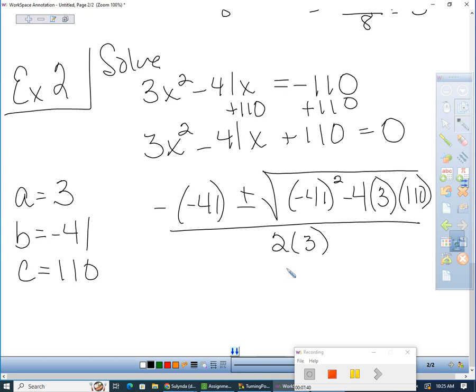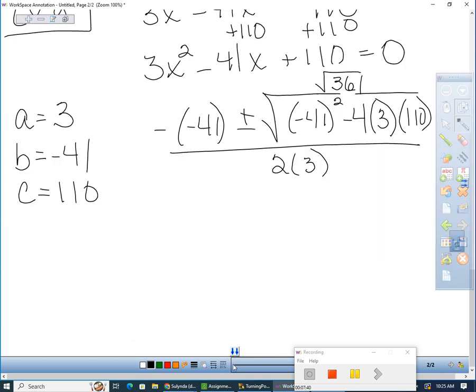All right, so underneath that square root, again, don't forget your parentheses. 361. All right, so now you'll notice that my B part in front, I have a negative negative, so I have a negative sandwich.